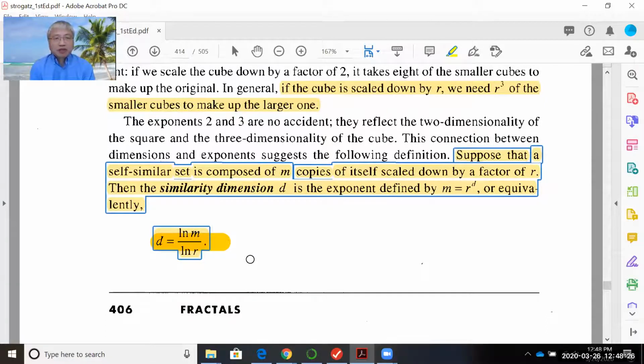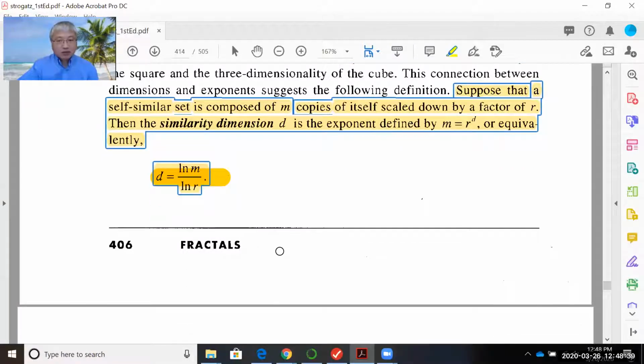If we reduce the scale by a factor of 3, we get 3. So a straight line has dimension equal to 1. For a solid square object in 2 dimensions, you get 2.